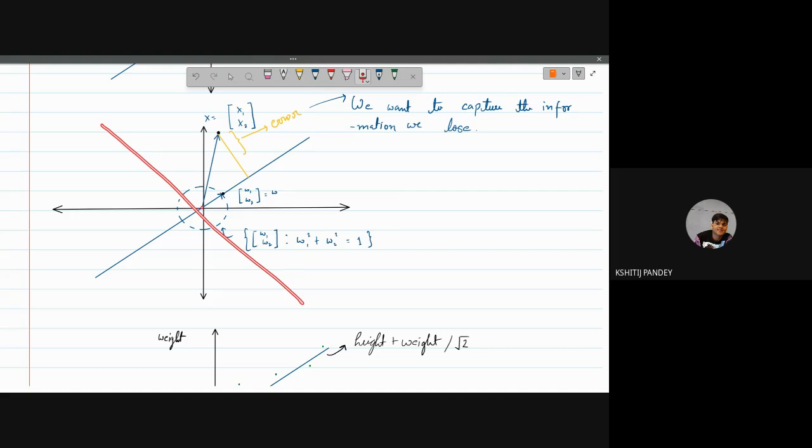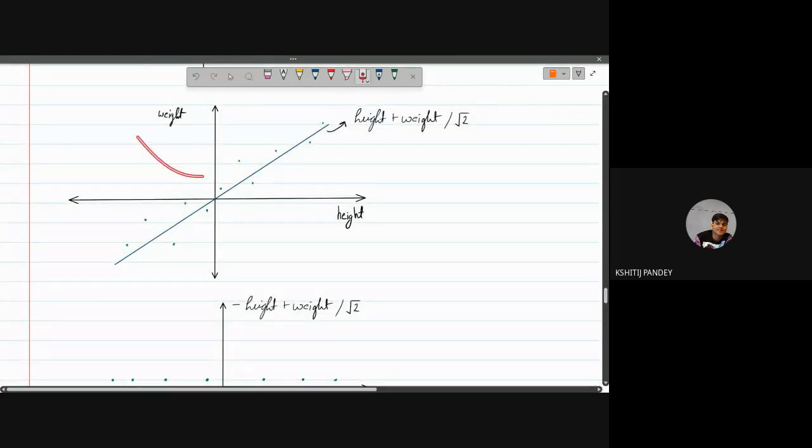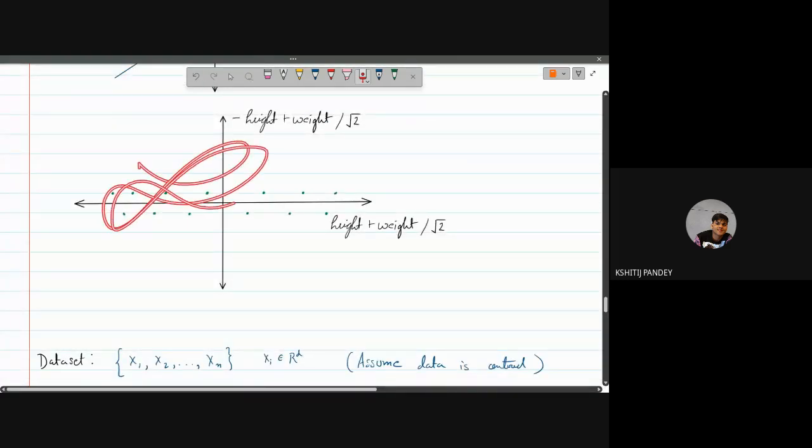All the vectors will be on the same straight line. So now you find the best fit line for them to capture the information lost. For this part I'll get back to you later. Leave this for now.